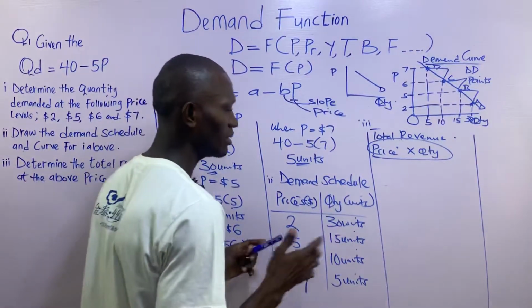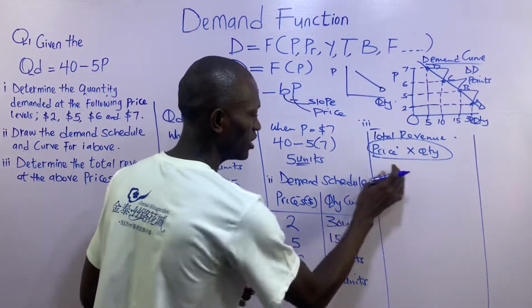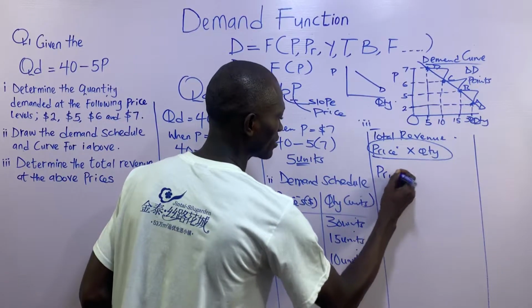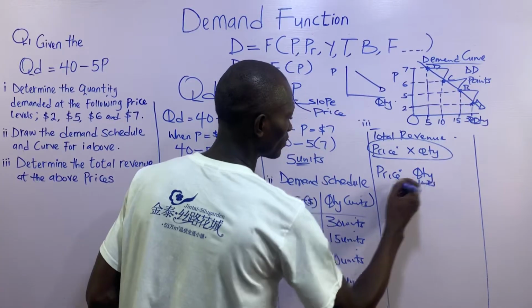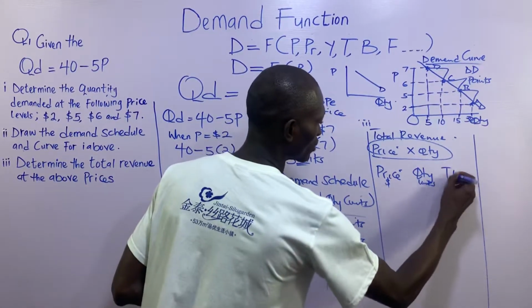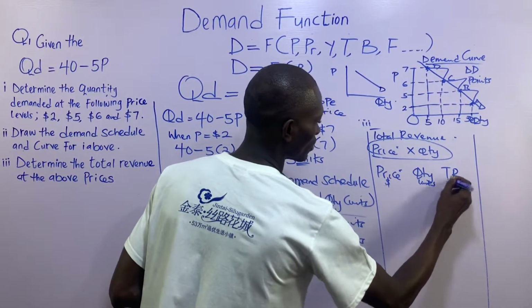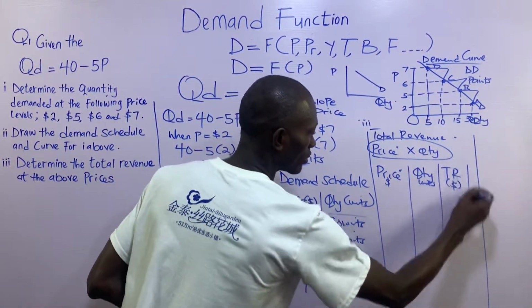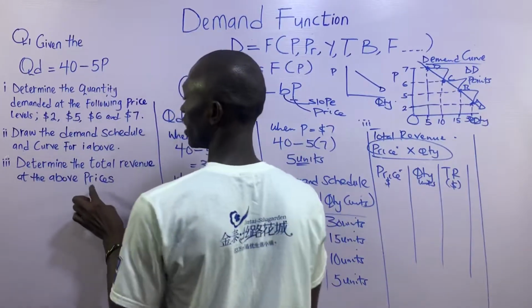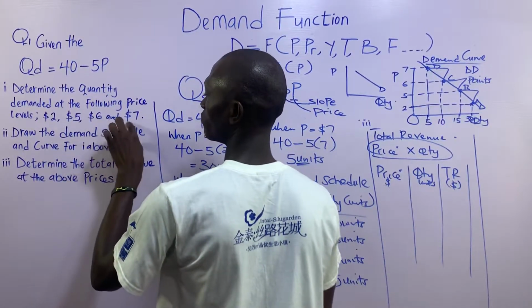So we're going to be having a tabular representation here too. So we have price, we have quantity, which is in units. This is in dollars, and your total revenue is in dollars too. So what are the prices? Because we are told to determine the total revenue at the above prices. So these are the above prices here.